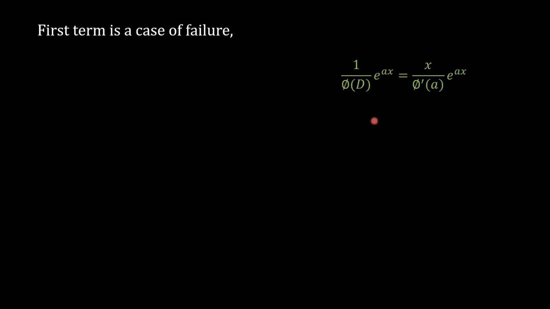If there is a case of failure, then the particular integral will be evaluated as x/phi'(a) e^(ax). How to get this phi'(a)? For that, first we need to differentiate the given polynomial phi(D).